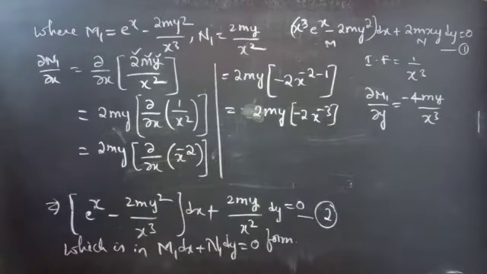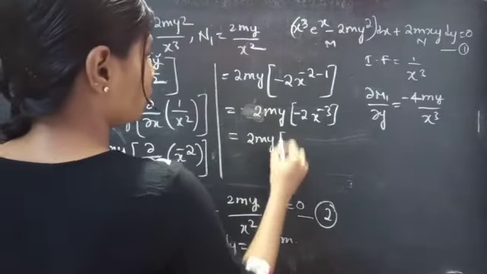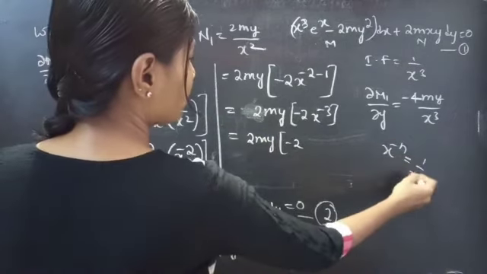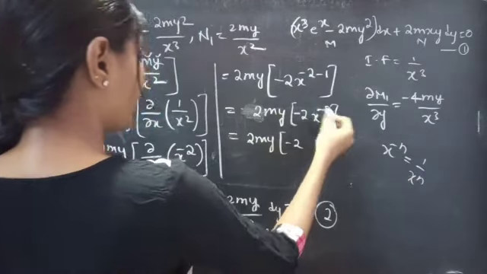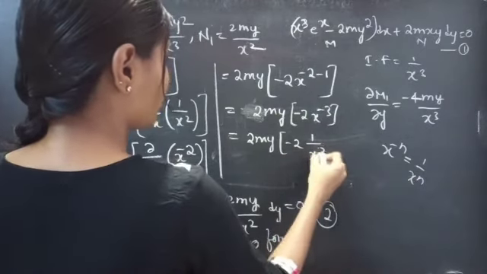We'll make it simple, okay? This equals 2my into minus 2 into, since we know that x power minus n can be written as the reciprocal of x power n, you can write x power minus 3 as 1 by x cube.